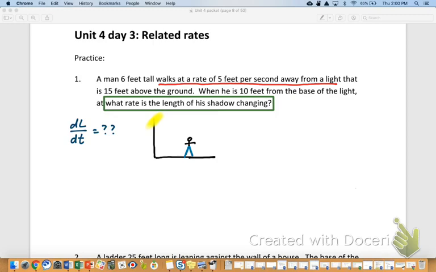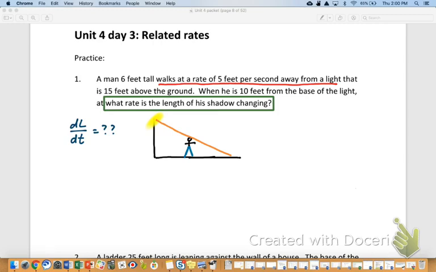And then wouldn't the shadow be created by that part of the beam of light going kind of right at the top of his head? So I need to extend the ground here just a little bit, like so. And now I'm feeling a little bit better now that I've got this picture.